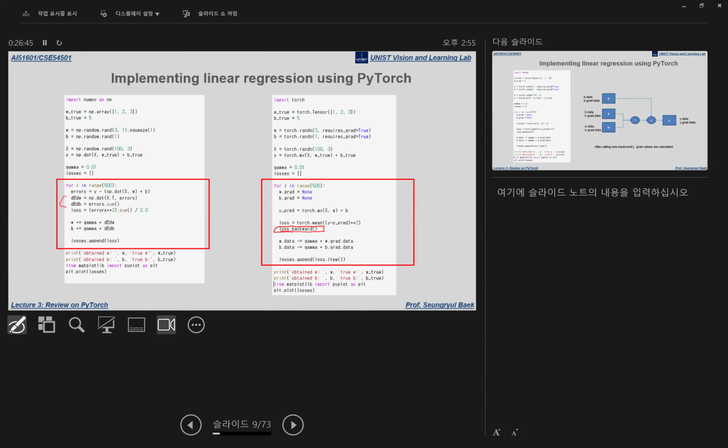And if you call this loss backward, those modules are automatically called. Also, the later terms become simpler. So I will show you how we can make them simpler.